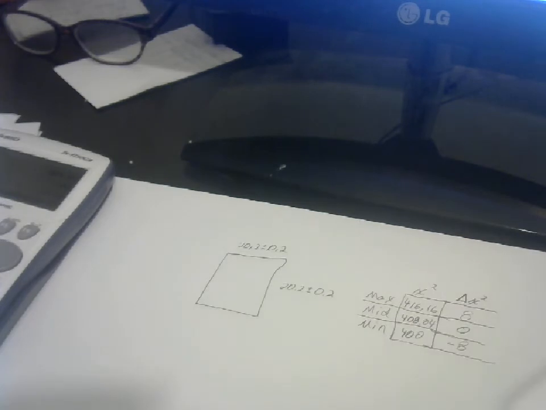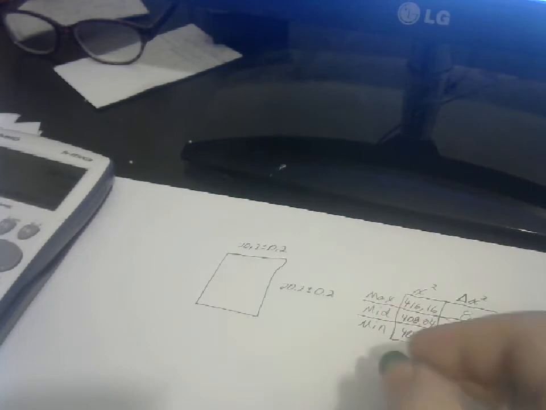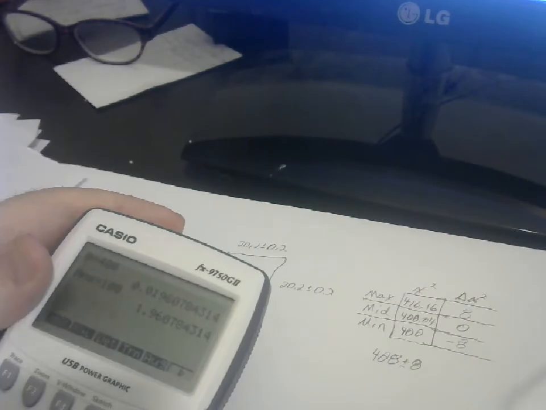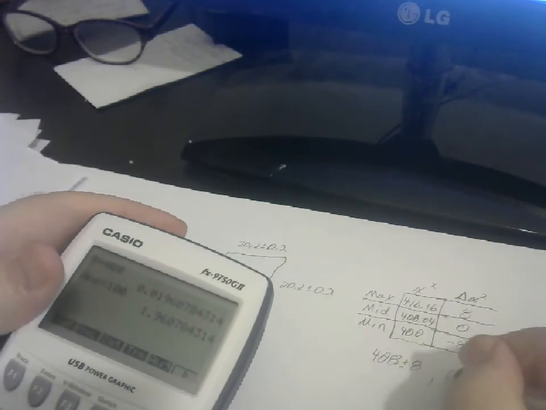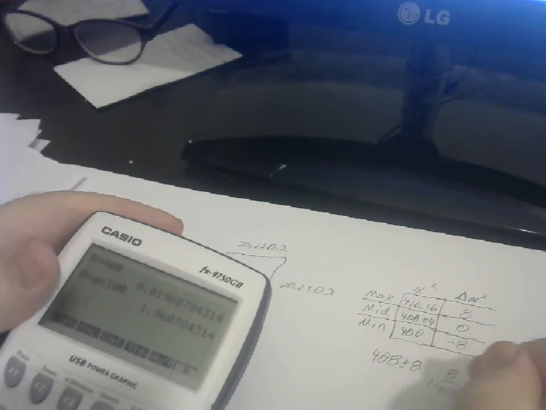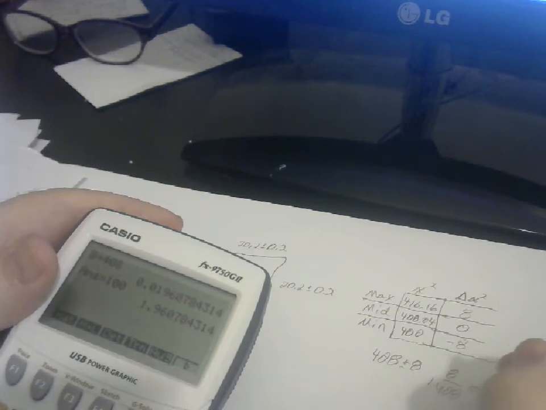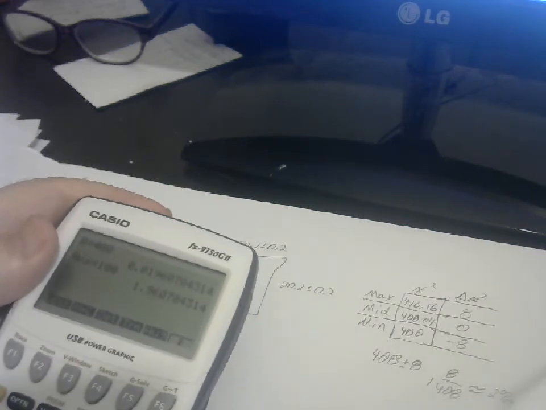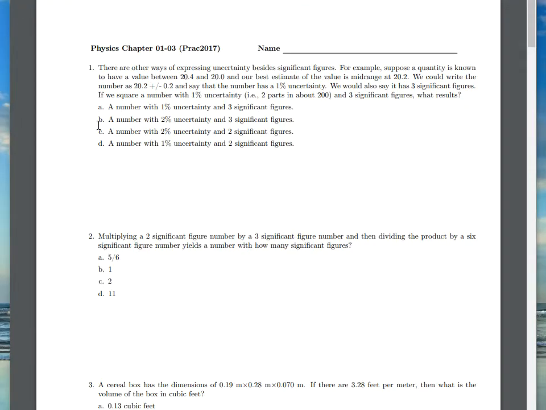So it looks like our end result is going to be about 408 plus or minus 8, and 8 out of 408 is about 2%. So the answer to that problem is B, a number with 2% uncertainty and 3 significant figures.